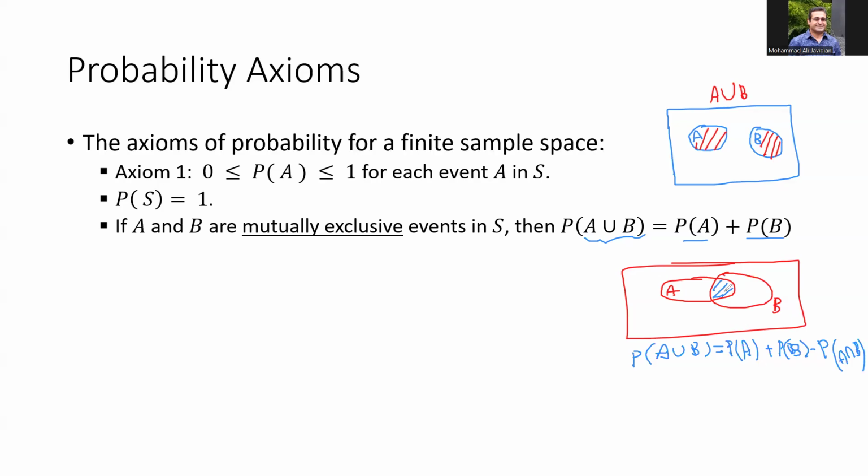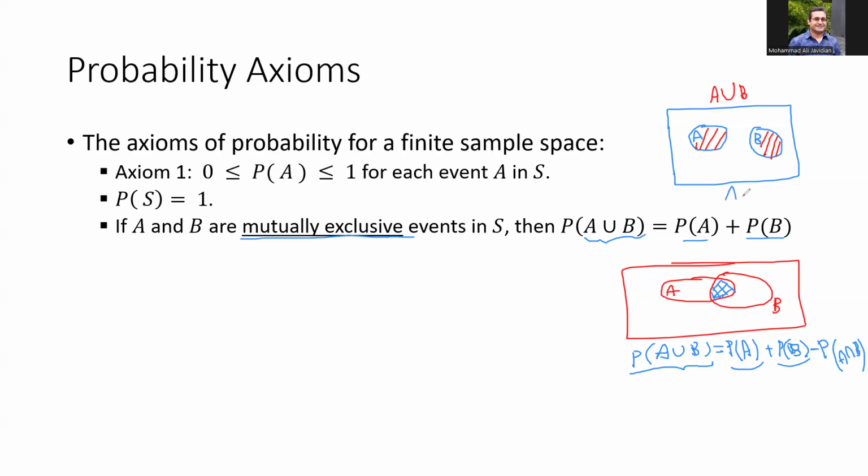And the reason is, in this case, when you compute the probability of A union B, you are computing the probability of the intersection twice. So you have to subtract one of them to compute P of A union B correctly. But when the events are mutually exclusive, the probability of A intersection with B is 0, because that intersection is empty, as you can see here.